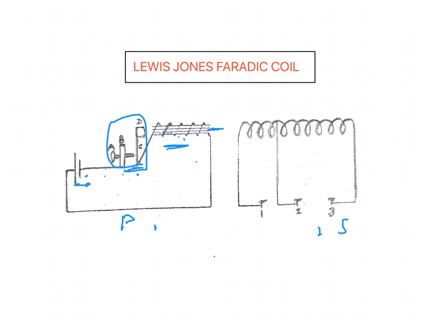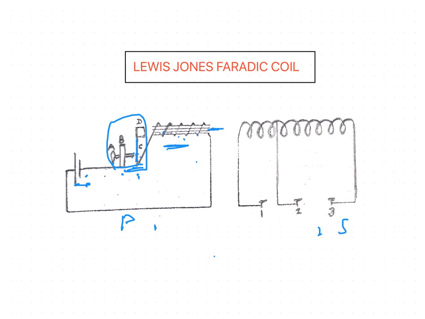The interrupting device, also known as the Wagner hammer interrupting device, consists of a metal screw, that is A. A is the metal screw held in a metal screw support, that is B, and the tip of the screw is resting against the spring metal limb of the hammer, that is C. This is the metal limb of the hammer.